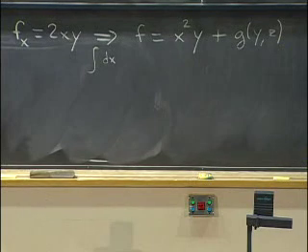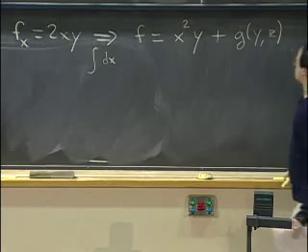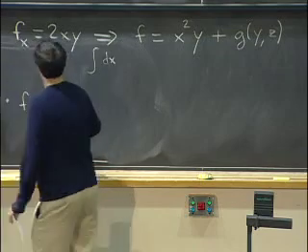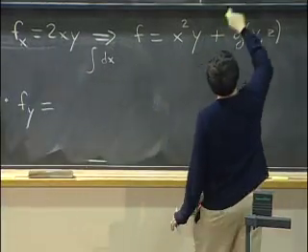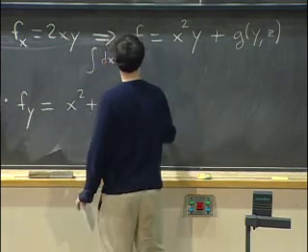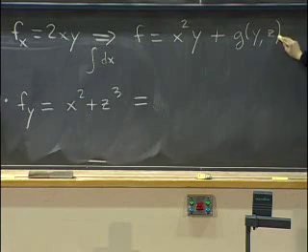Now we need to get some information on g. How do we do that? Well, we look at the other partials. f sub y, we want that to be x squared plus z cubed. But actually we have another way to find it, which is starting from this and differentiating.